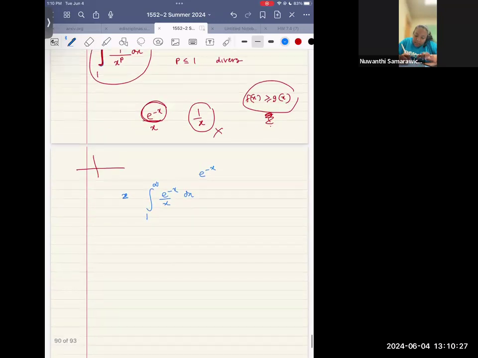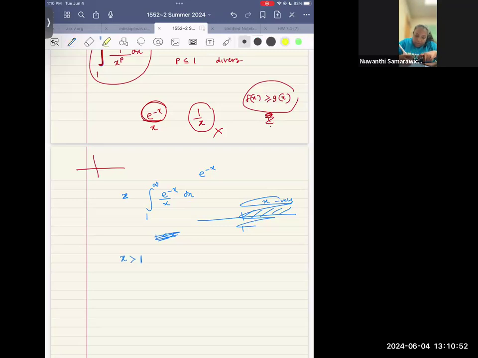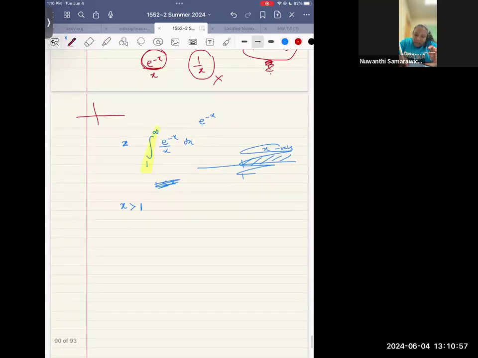This means x is between 1 and infinity on the real line. So by the integration limits, we know x is greater than 1. That's why I chose it for this question.